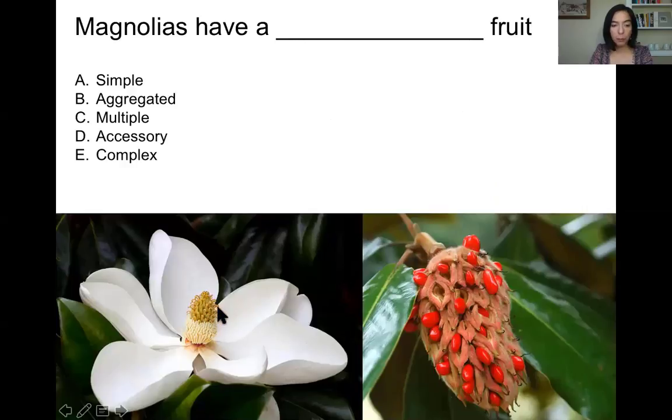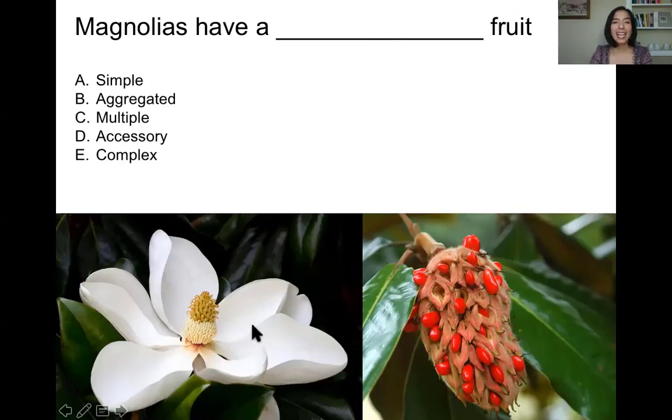We have multiple pistils in this flower. And once it gets pollinated, this flower becomes this fruit. And this fruit has seeds inside. So this is a dried fruit that opens and releases these seeds. The red structures are the seeds.